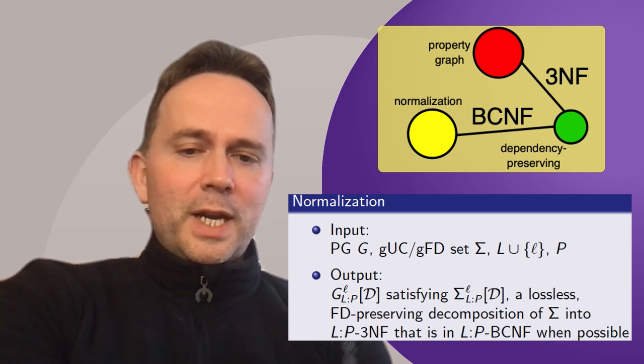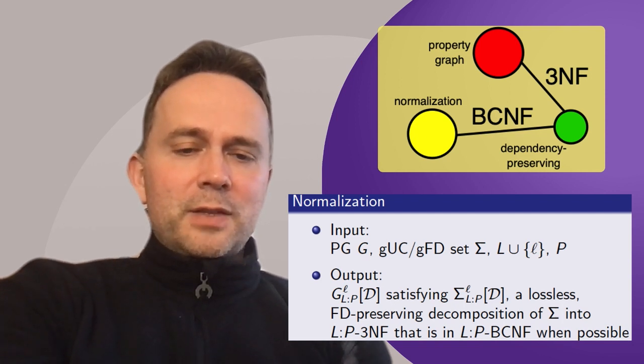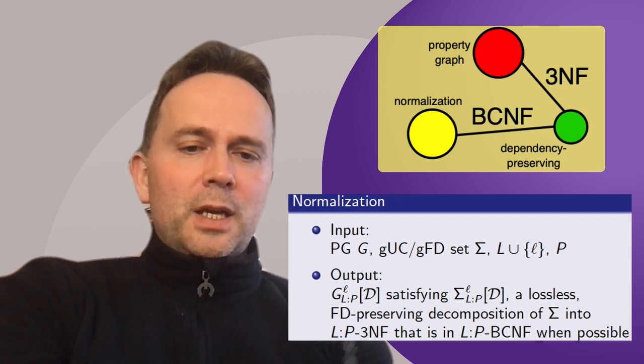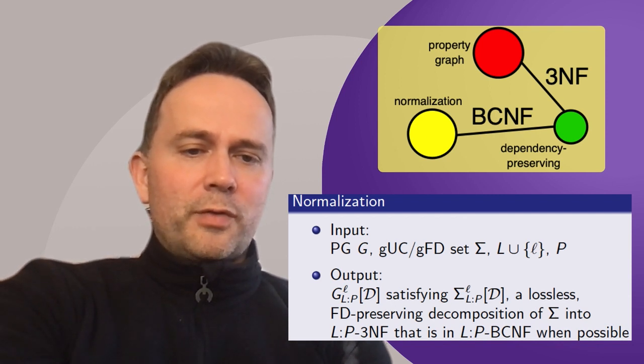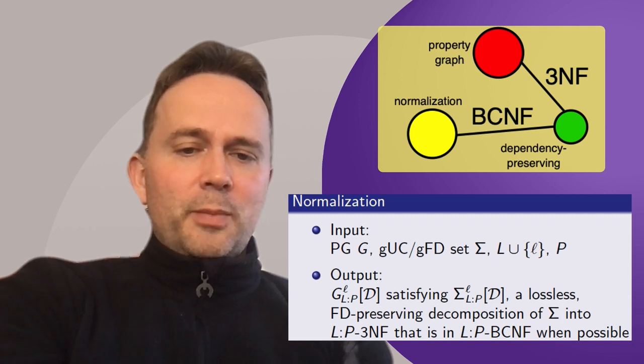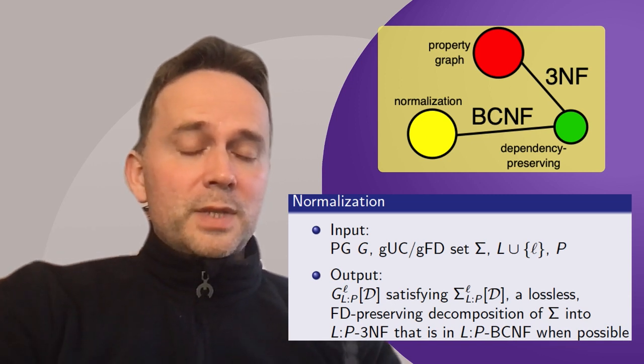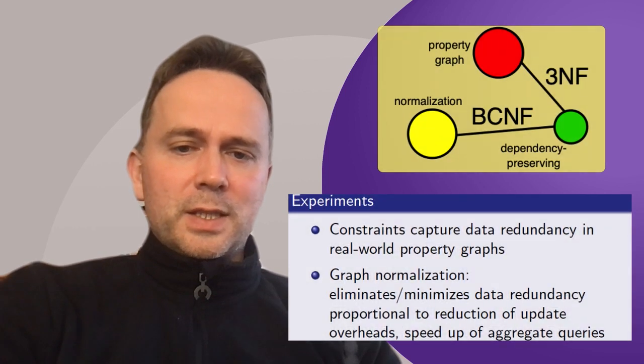We're achieving a normalized property graph that satisfies a normalized set of constraints, which represents a lossless decomposition of the given input set of constraints into third normal form, which is guaranteed, but it is in Boyce-Codd normal form with respect to the set of labels and properties whenever such a Boyce-Codd normal form actually exists.